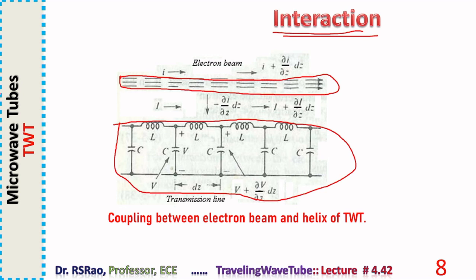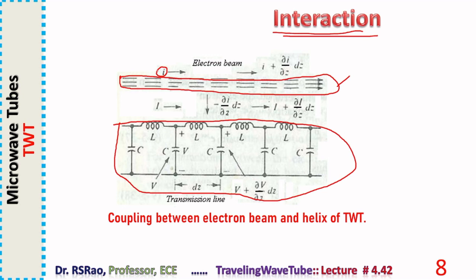Electron beam is a beam formed out of negatively charged particles. These particles are moving at high velocities. Therefore, beam is actually a current. That current here is denoted by small i. As it is, when the beam is unmodulated by the signal, beam represents DC.